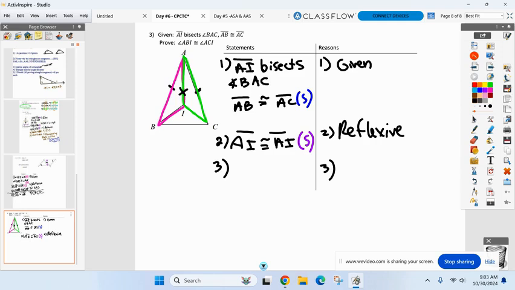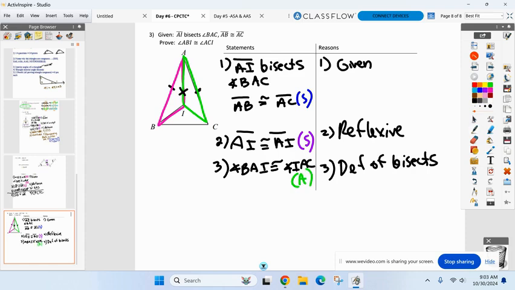IAC. Okay, there we go. Those two angles are going to be congruent. BAI congruent to angle IAC. Definition of bisects. And that gives me a pair of angles right up top.